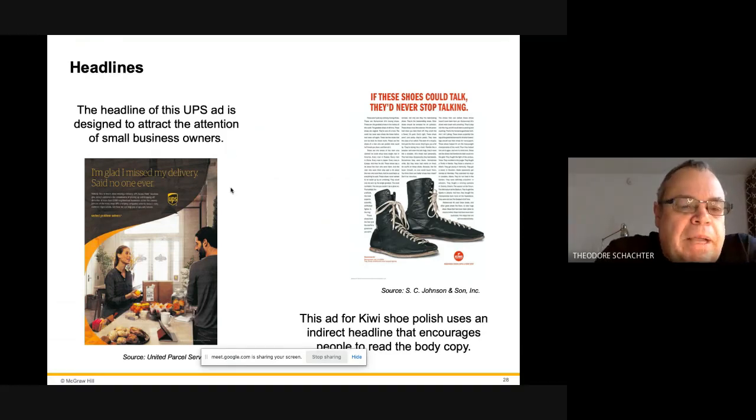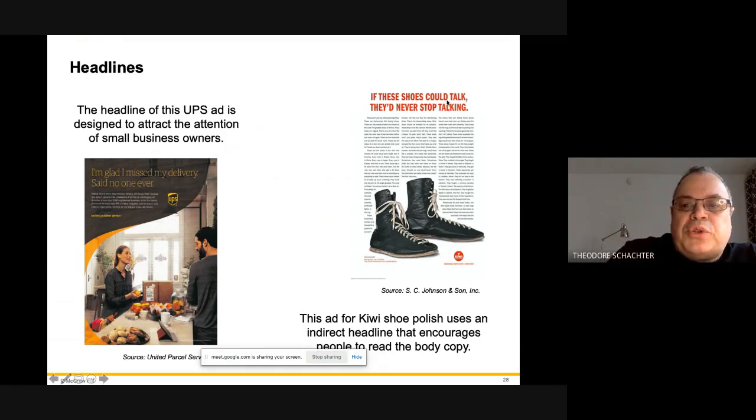Meaning, it tells you who the ad is targeted to. So if you say save money on your mortgage payment, it identifies that the people who should read the ad are people who have mortgages, and that is someone who's a homeowner.